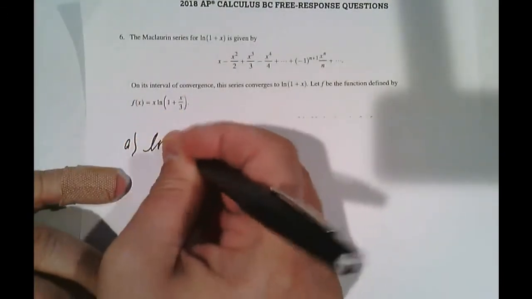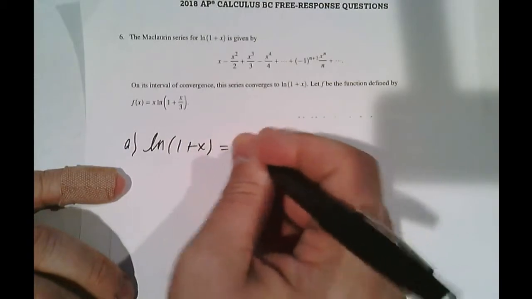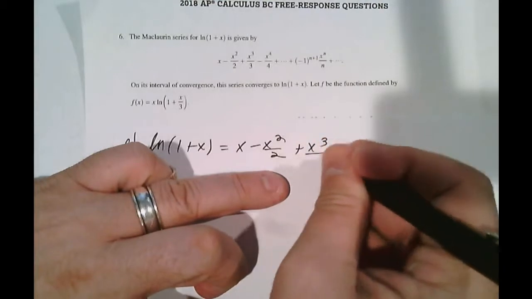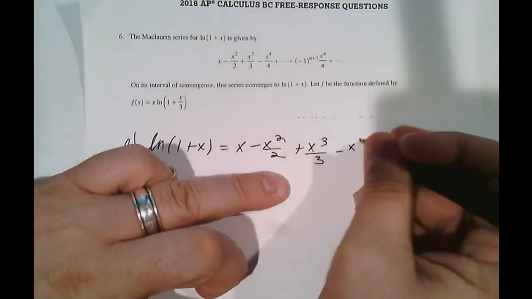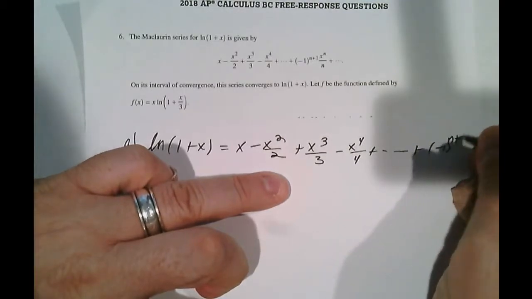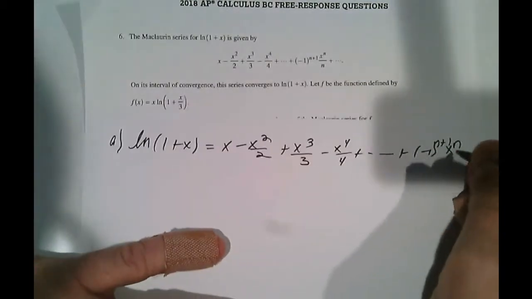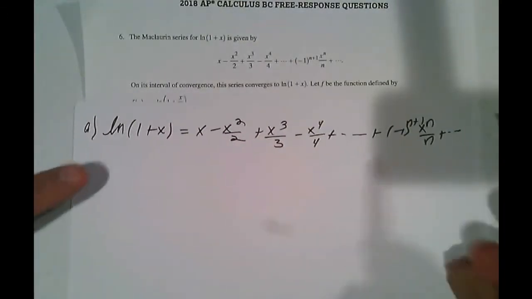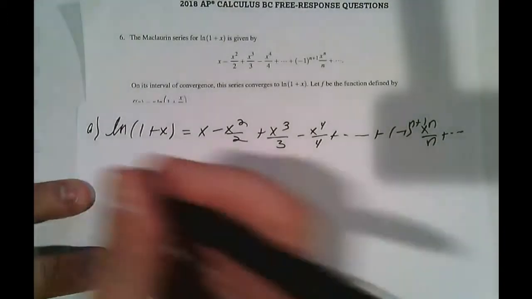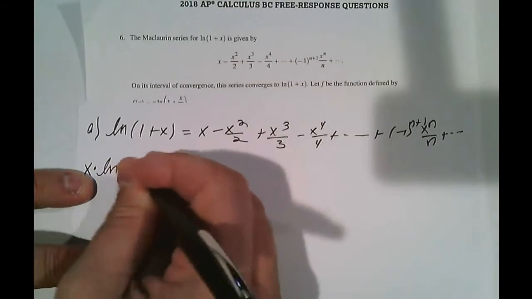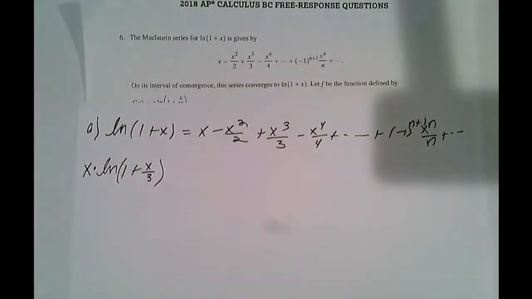So in part A, we know that the natural log of 1 plus x is x minus x squared over 2 plus x cubed over 3 minus x to the fourth over 4, and so on, up to -1 to the n plus 1 x to the n over n, plus ... That is known, that's given to us, and what we need to do now is build an expression for x times the natural log of 1 plus x over 3.